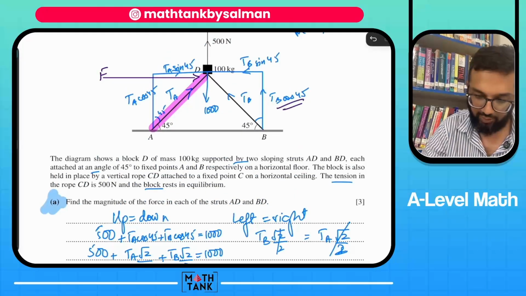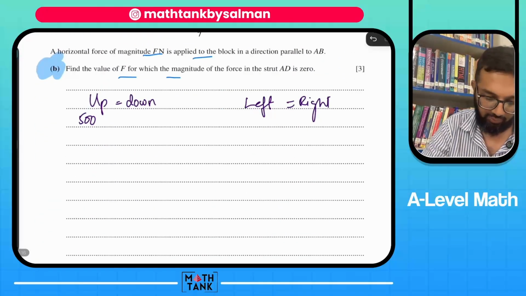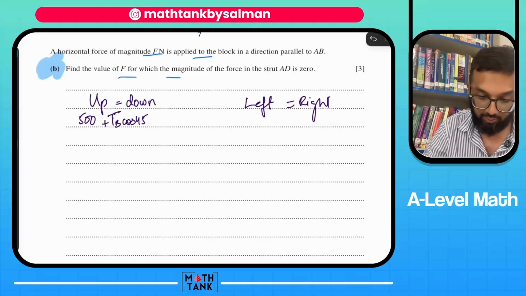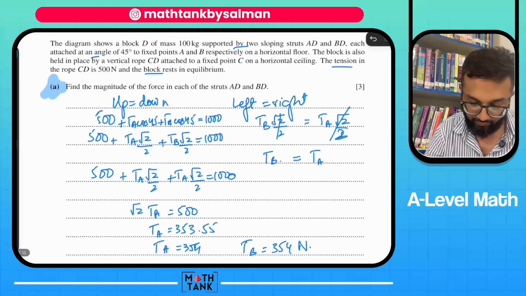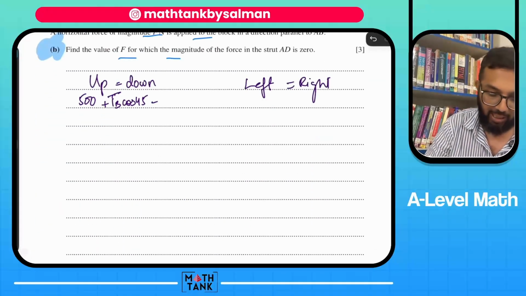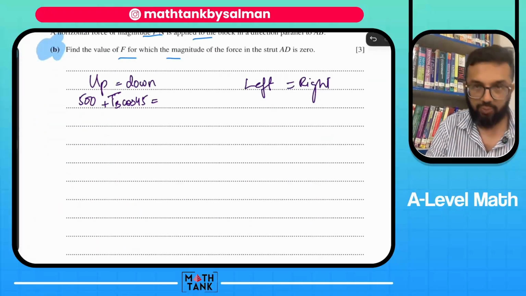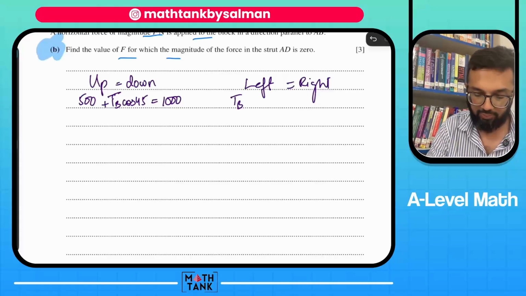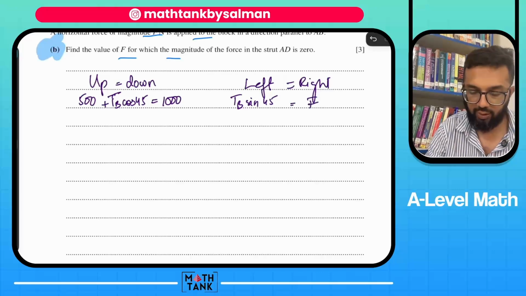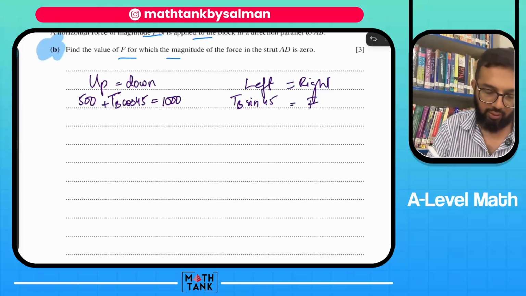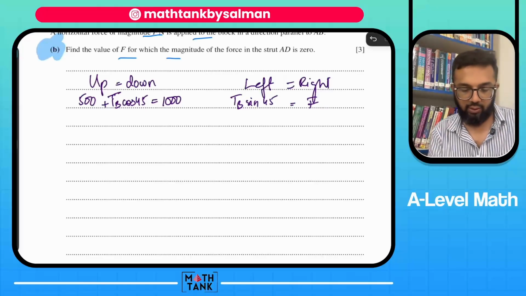Okay, there's another up as well: TB cos 45. Now this tension will also change the magnitude of the force in each of the struts, because the balance is changing. There were two struts before with the same balance, so now that's changing. For the left, the force pointing to the left is TB sine 45, and the right force is now F. Now I am going to use one of these to find TB first.